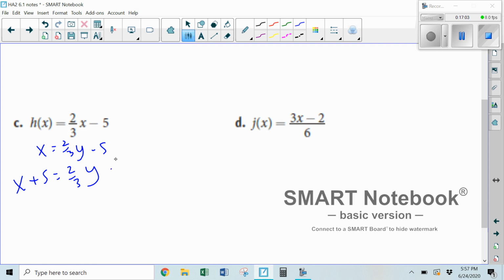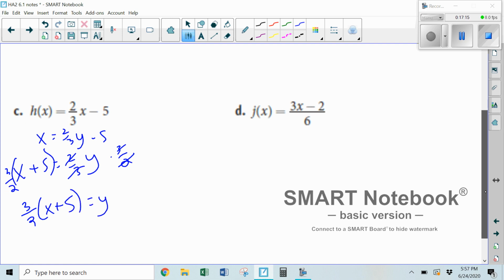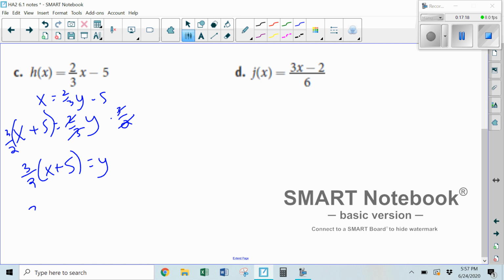To get rid of the 2/3, I'm going to multiply by 3/2 on both sides. So you can write it one of two ways. You can write 3/2 x plus 5 equals y, or you could write 3x plus 15/2 equals y. Whichever you pick, make sure then you write inverse.